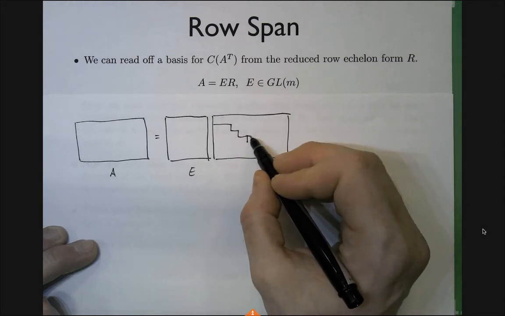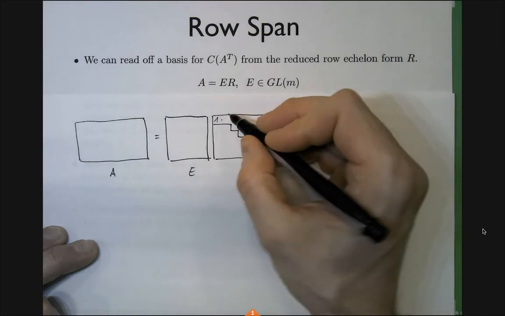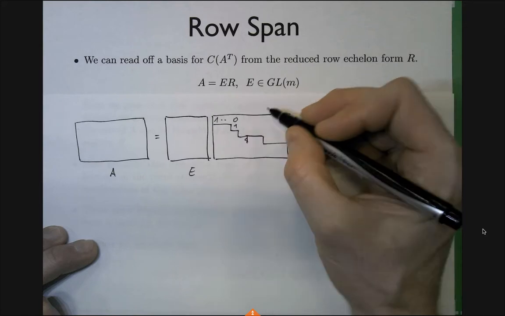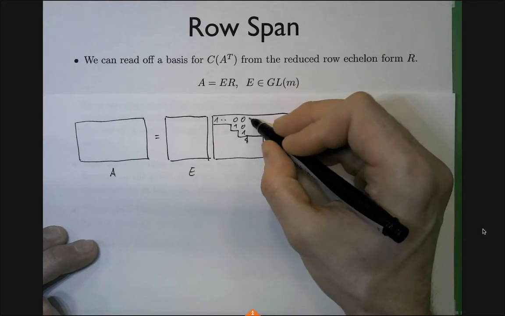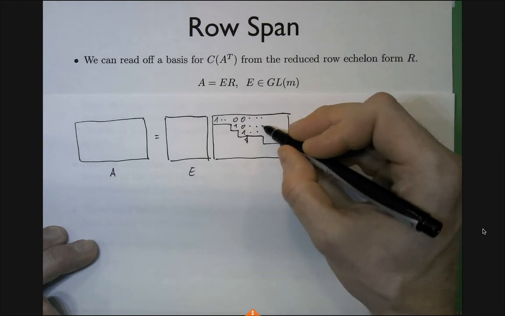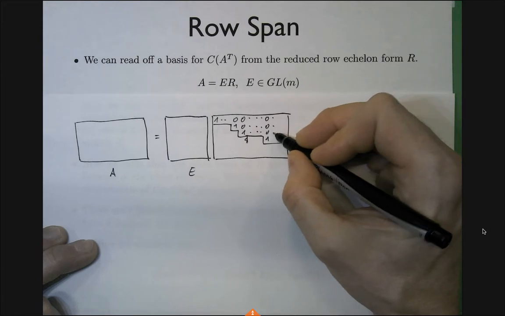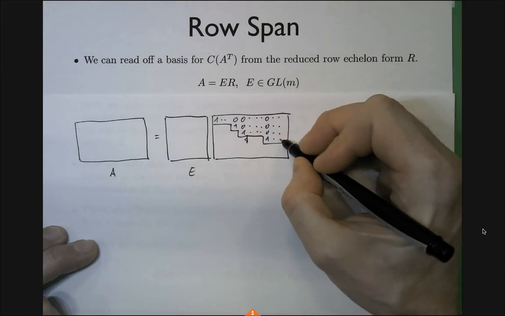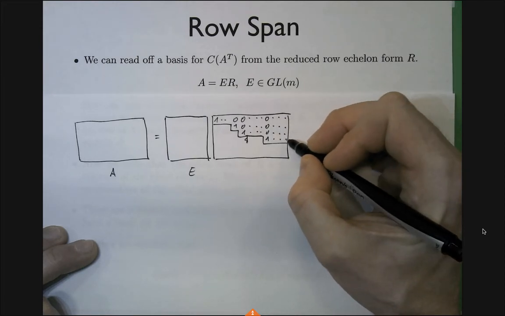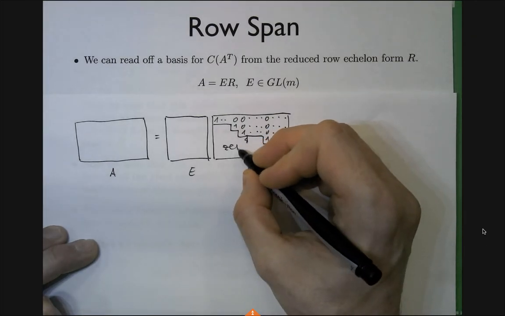It's 1, there is something here, 0, 1, 0, 0, 1, something here, and so on. Then there are some numbers which I don't really know what they are. They can be zeros, they can be non-zeros, they can be whatever. So this is the R matrix and some zeros, okay?